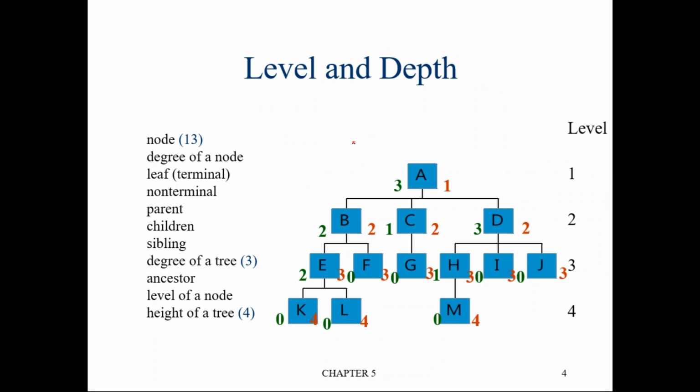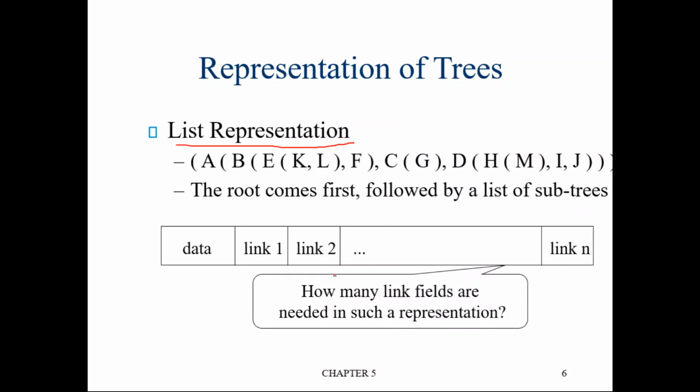So this particular tree can be represented using list representation, something like this. What does it mean?